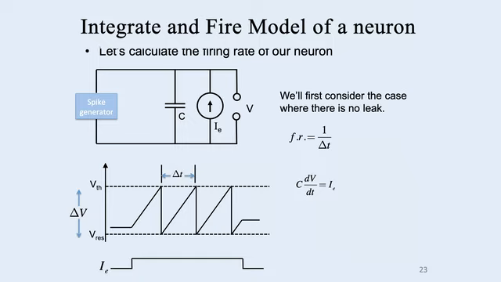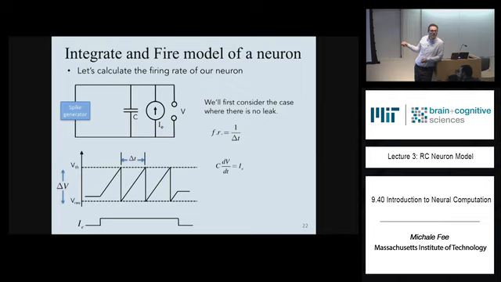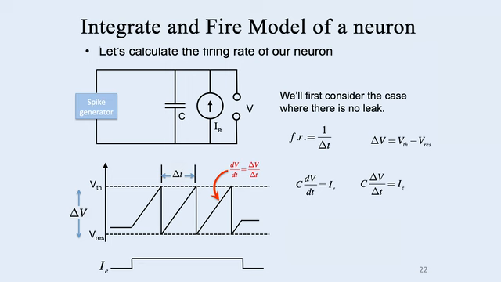So we have this equation, C dV/dt equals I sub e. What's the slope of this line? Yeah, it's just dV/dt. Good. So dV/dt is delta V over delta t.